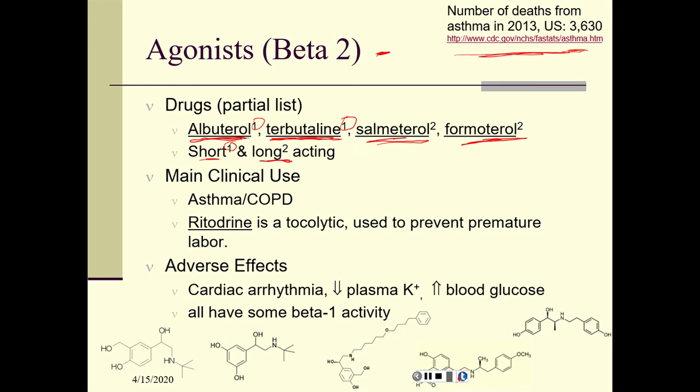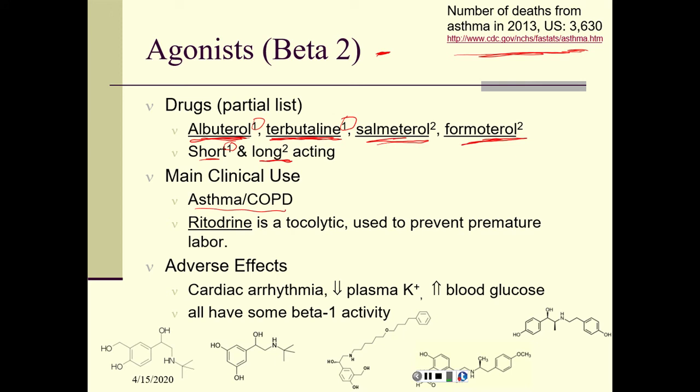And you should know the difference between those two. So you need to be able to recognize these names as being beta 2 agonists that are used predominantly in the treatment of asthma and chronic obstructive pulmonary diseases, and that the first two, albuterol and terbutaline, are short-acting, and the other two, salmeterol and formoterol, are long-acting drugs.